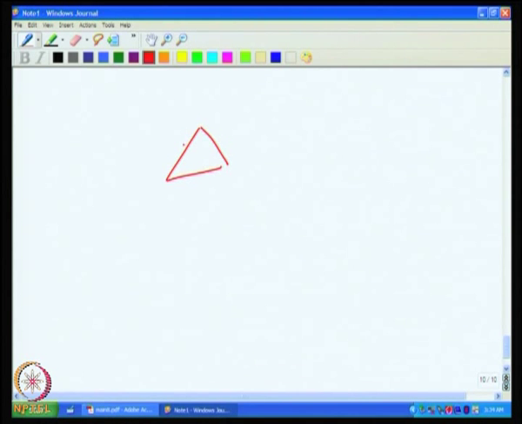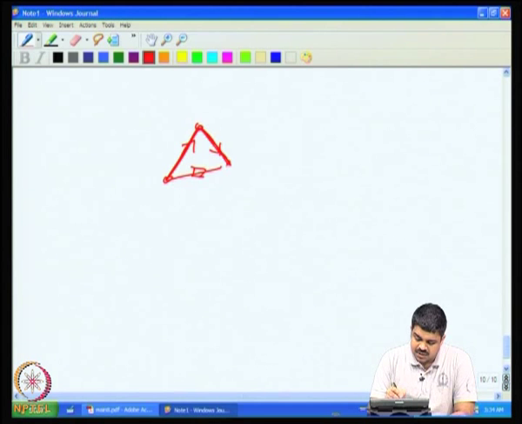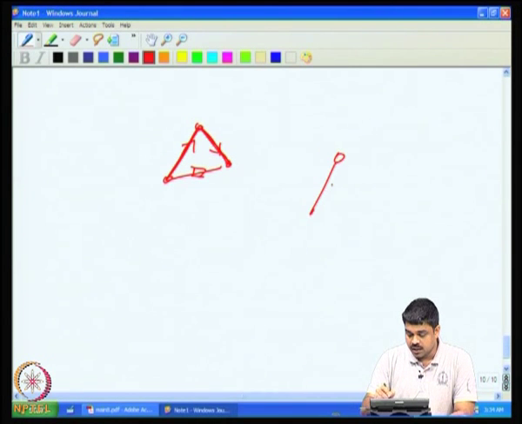Is it possible? For instance, you may want to try orienting a triangle. But unfortunately, whatever way you orient your triangle, you will end up with a Hamiltonian path, this way or this way. But the triangle is quite small. You can take a K4 and try.